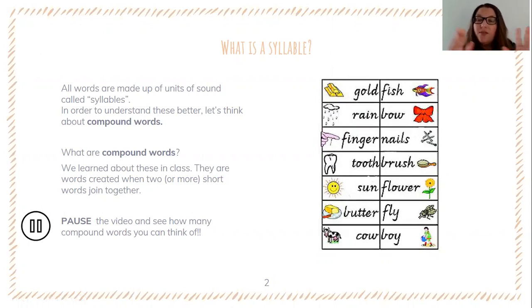So there are a few compound words on your screen right now. There's goldfish, rainbow, fingernails, toothbrush, sunflower, butterfly, cowboy, okay? So these are compound words and they are created when you have two smaller words that you put together and they make one big word.